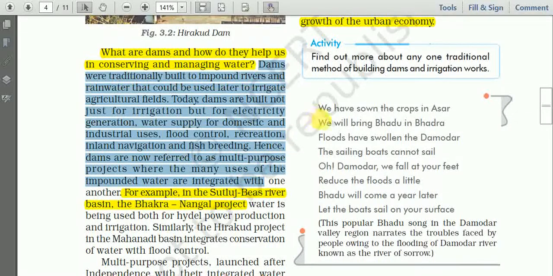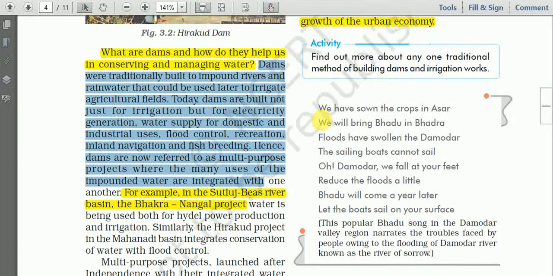Dams were traditionally built to impound rivers and rainwater that could be used later to irrigate agricultural fields. When there is excess water, the excess water is stored in the dams, that is in the reservoirs, and that will be used when we need it. When there is no rainfall, then we can use the water in different ways.